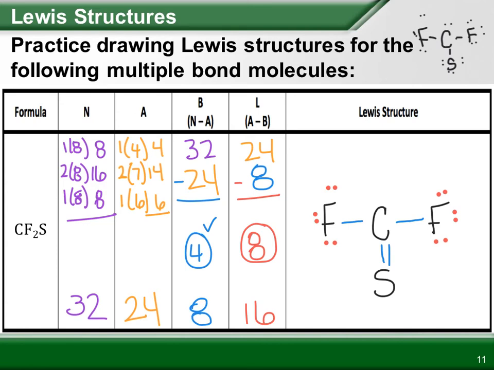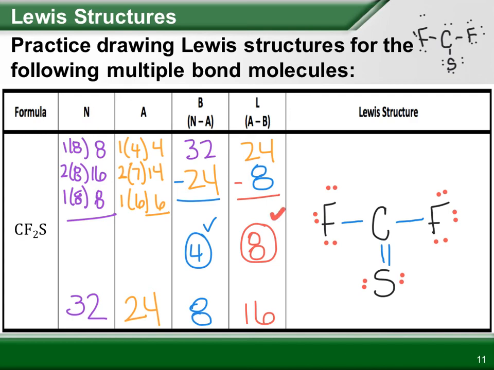Sulfur already has 4 electrons because it has the 2 bonds, and there's 2 electrons per bond. So it has 4. It will need 4 more, and it will get those with its lone pairs. So we count the lone pairs: 1, 2, 3, 4, 5, 6, 7, 8. Our structure is now complete.